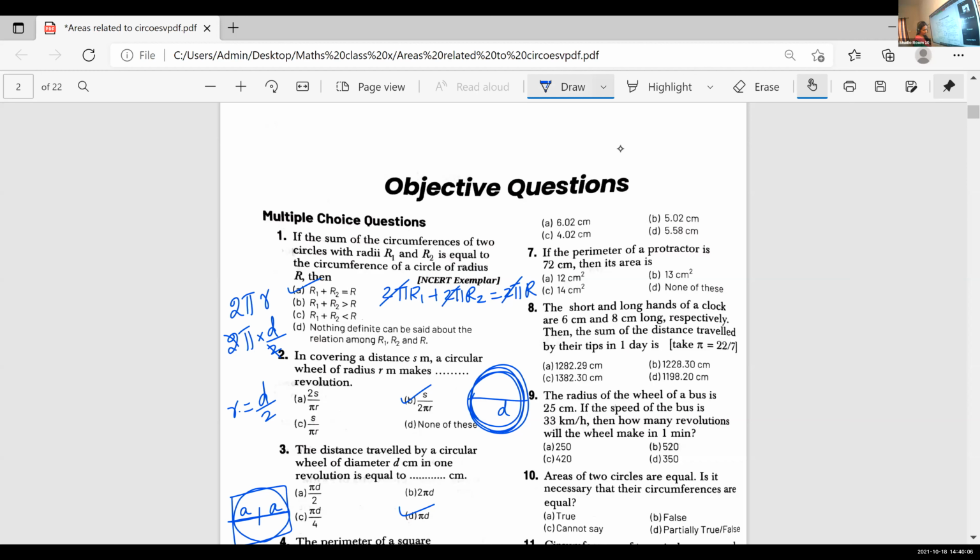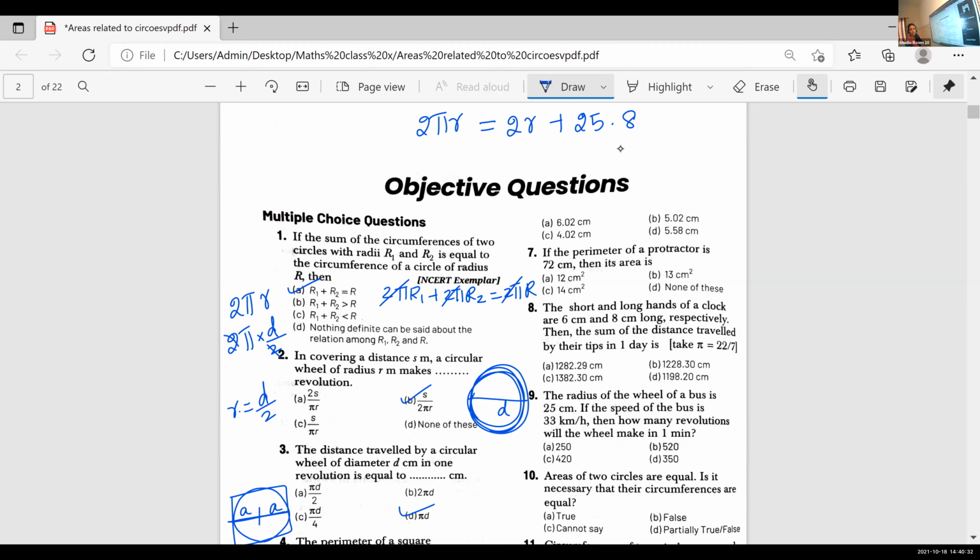The circumference of the circle means 2 pi r. It is exceeding the diameter, so it is 2r. It exceeds the diameter by 25.8 centimeter.